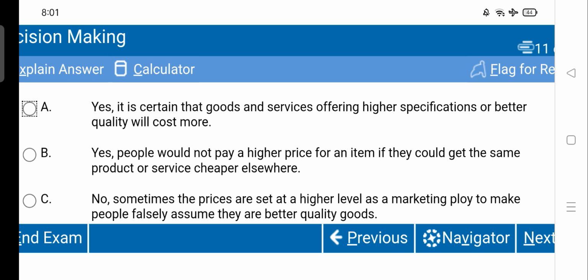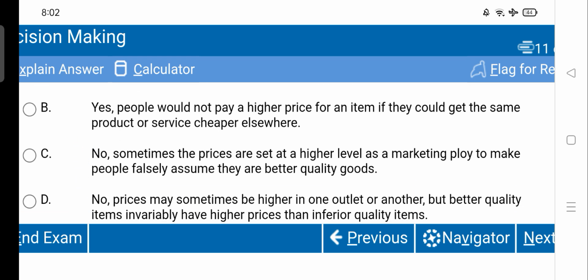Option B, yes, people would not pay a higher price for an item if they could get the same product or service cheaper elsewhere. Option C, no, sometimes the prices are set at a higher level as a marketing ploy to make people falsely assume they are better quality goods.